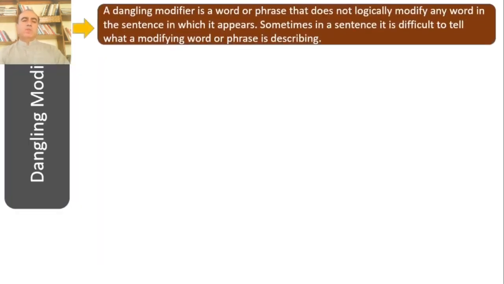A dangling modifier is a case when in a phrase or in a clause the central point, the target word, is missing. Then we call it an error of dangling modifier, because whatever is being modified, if it is missing, then meaning is not conveyed properly.